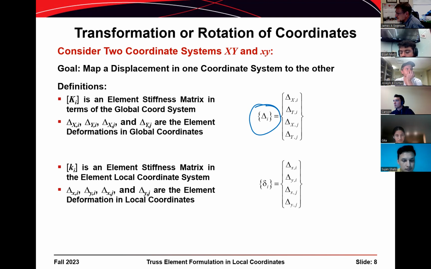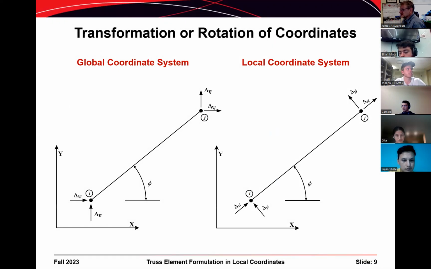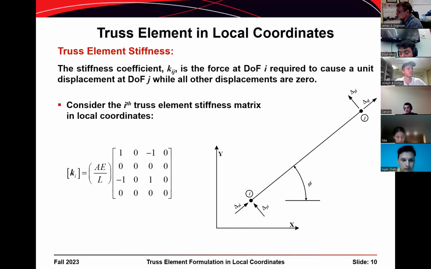Notice it's a delta big X, a delta big Y. And then if I have a lowercase delta here, these are displacements that are written in terms of the local coordinate system, delta little x, delta little y, etc. So the two coordinate systems are shown on this slide here, where we have the displacements in terms of the global coordinate system shown on the left, and we have displacements in terms of the local coordinate system shown on the right.